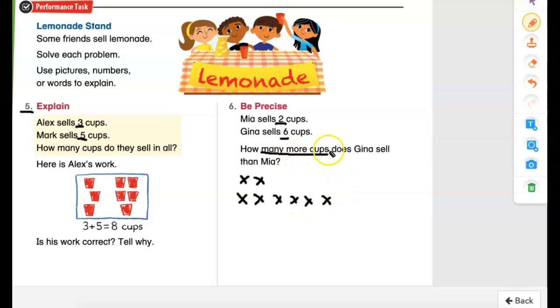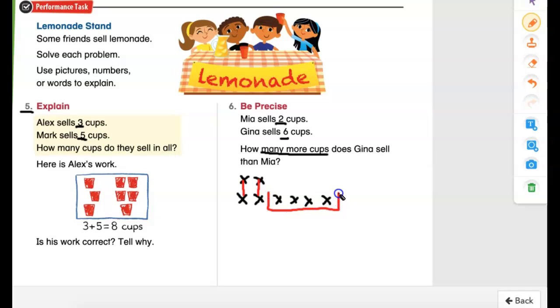How many more cups does Gina have than Mia? Okay, so if we look at this just like we've done before, we can compare how many they have. So they both have 1 cup. They both have 2 cups. But then Mia runs out of cups.